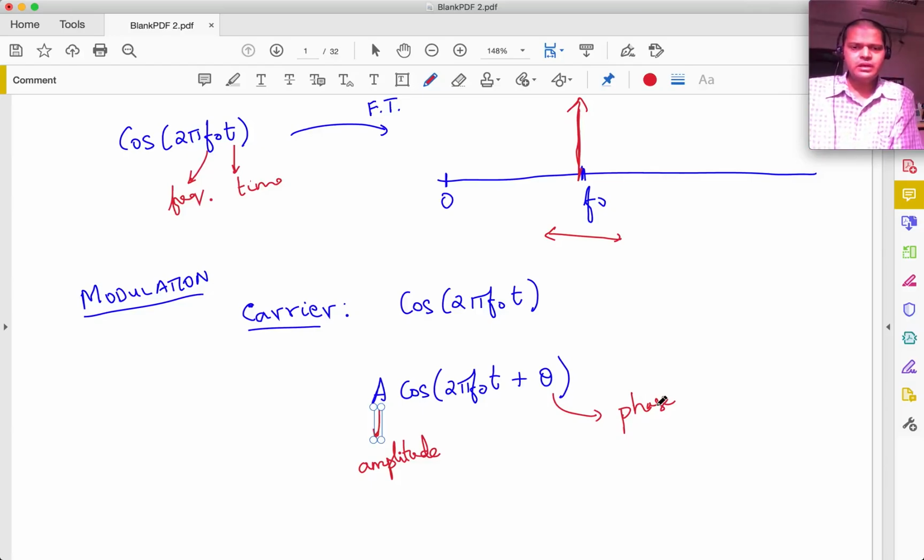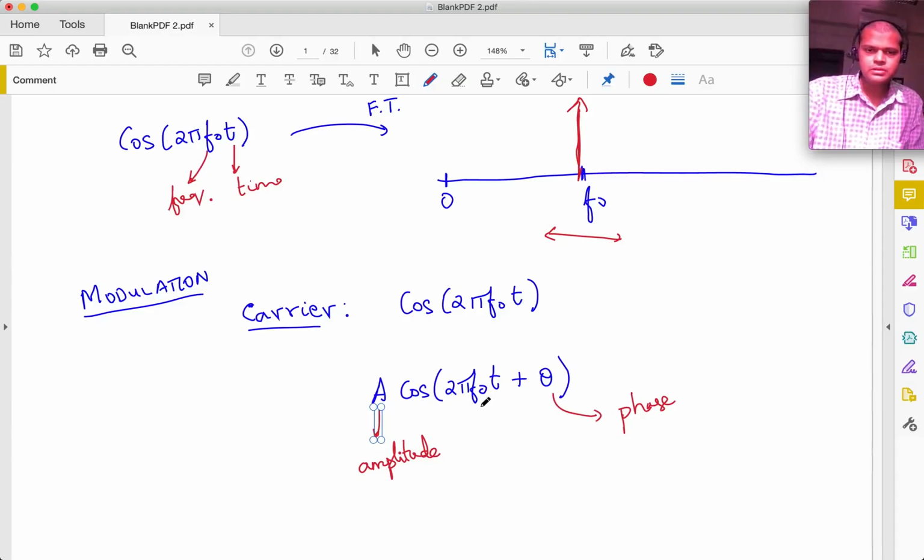So the question is, can I change the amplitude or can I change the phase and convey information in some way? Okay. So we will look at ways in which this is done typically in high-speed wireless systems like Wi-Fi and 4G, 5G technologies and so on. You would do something like this.